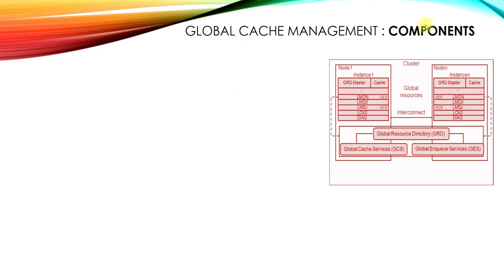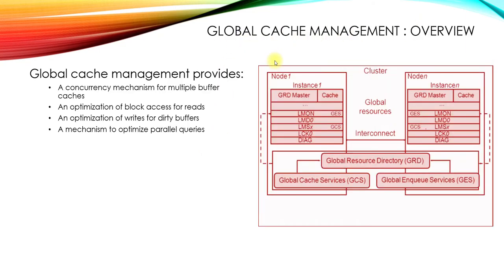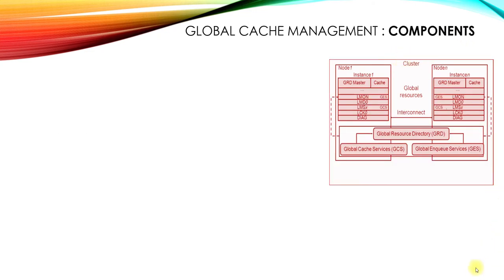What are the different components in global cache management? We learned about the overview. Let's learn about components. So there is the LMS process. We know about the LMS process. There are different components: for cache management there is the LMS process, as we see here, buffers, and buffer headers.